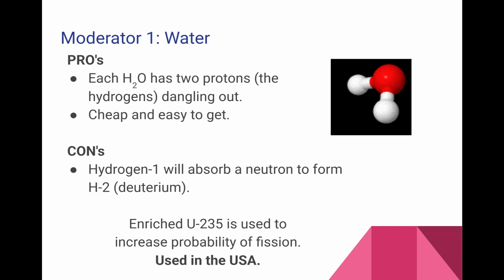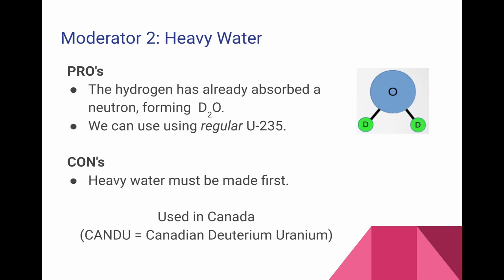Enriched uranium-235 is what we would call this. That means that even though a bunch of the neutrons will get absorbed by the water, some of them will just hit and slow down. We just have to give them a really high probability of next bumping into uranium-235 nuclei. So we just have that higher percentage. This is the process that is favored by the United States.